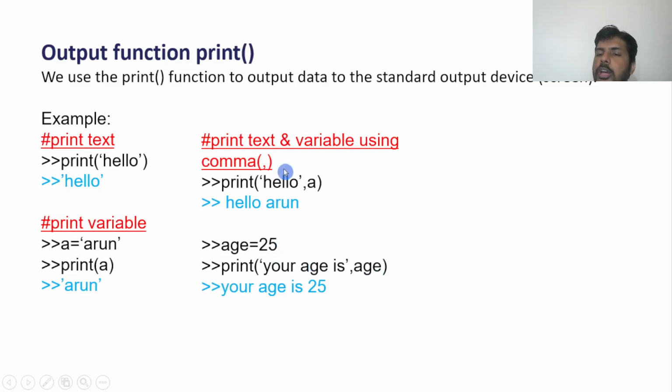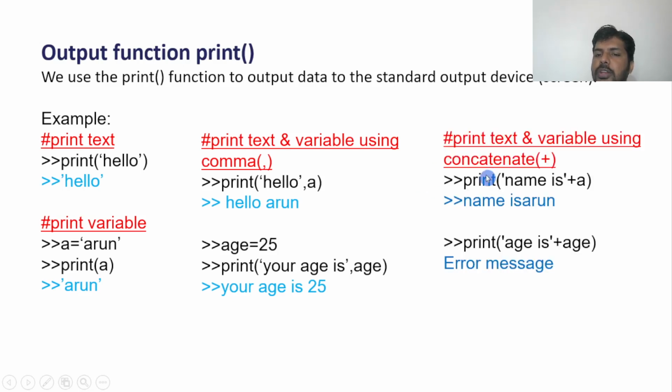Not only comma, we can also use the plus symbol for concatenation of text. For example, suppose I want to print name and text, so I will say name is plus a. Here we used a comma, and here we are using plus. When I run it, it will print name is Arun. See, it is not giving any space.